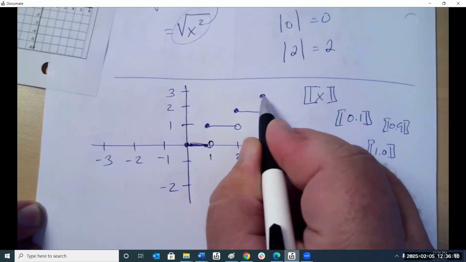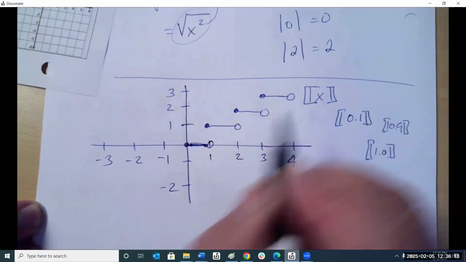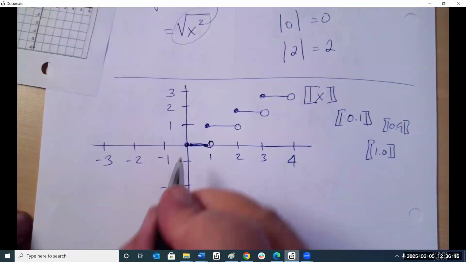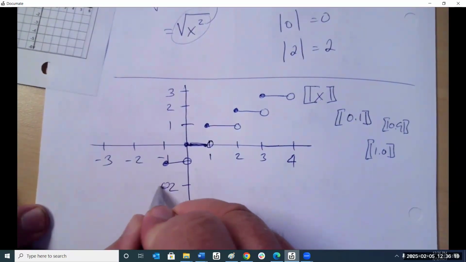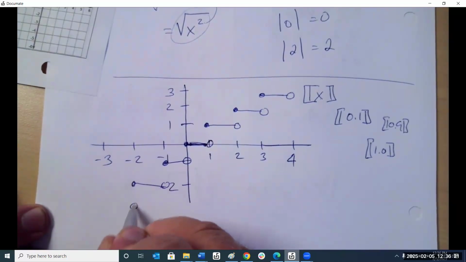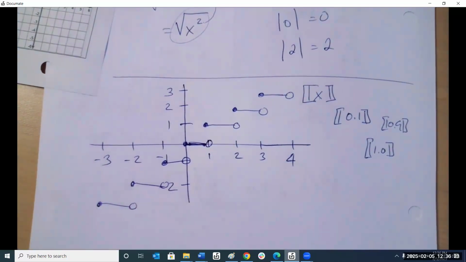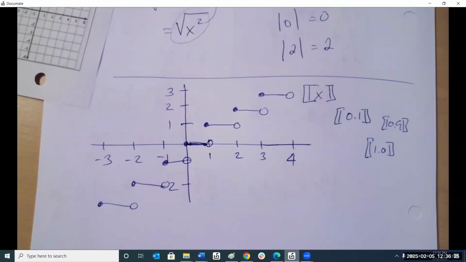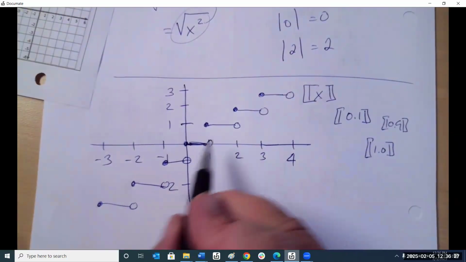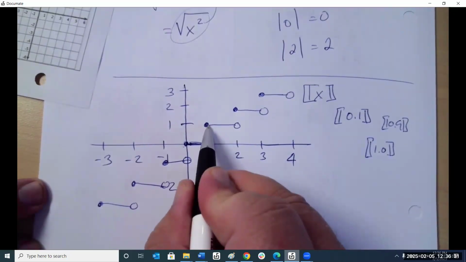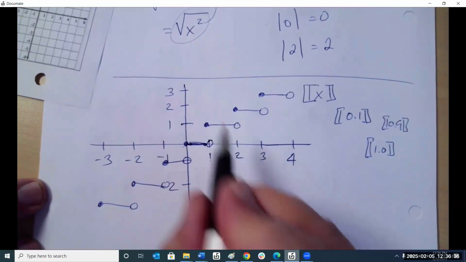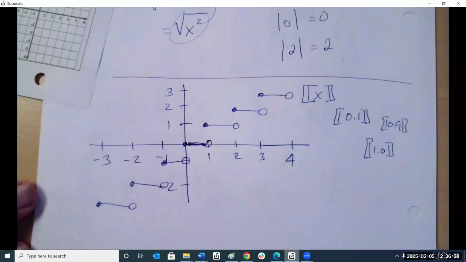That's what this is called, a stair stepper function. And it also goes down forever to infinity. What's the significance of the closed and open circles? When I'm going over here at 1.0, it's not this graph anymore. It jumps up here. So at the integers, it has to be that integer.